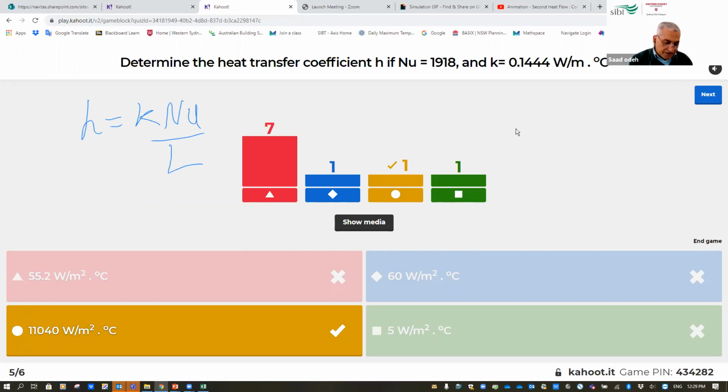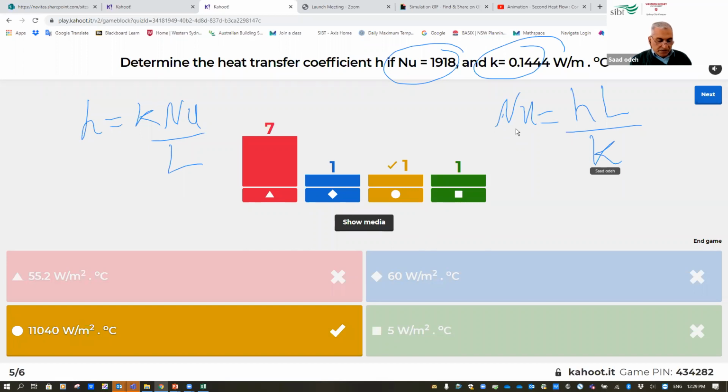We just multiply the thermal conductivity by Nusselt number. The general form of Nusselt number is Nu equal to h multiplied by the length, divided by k.